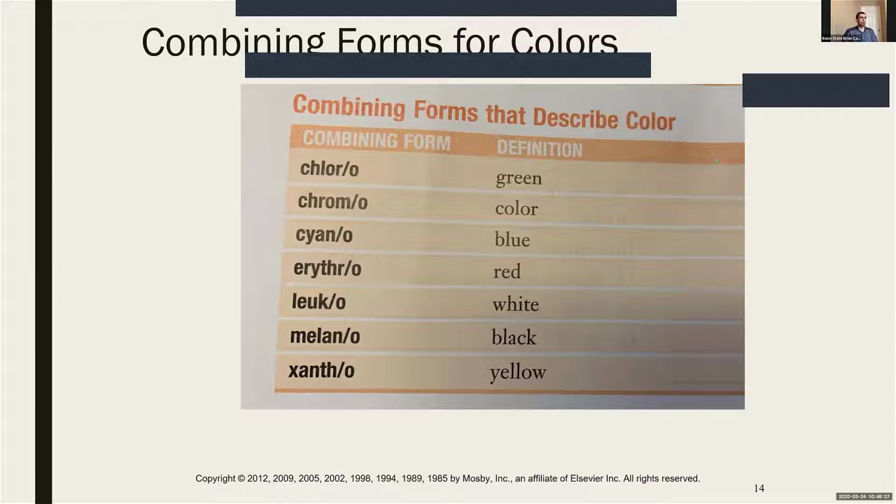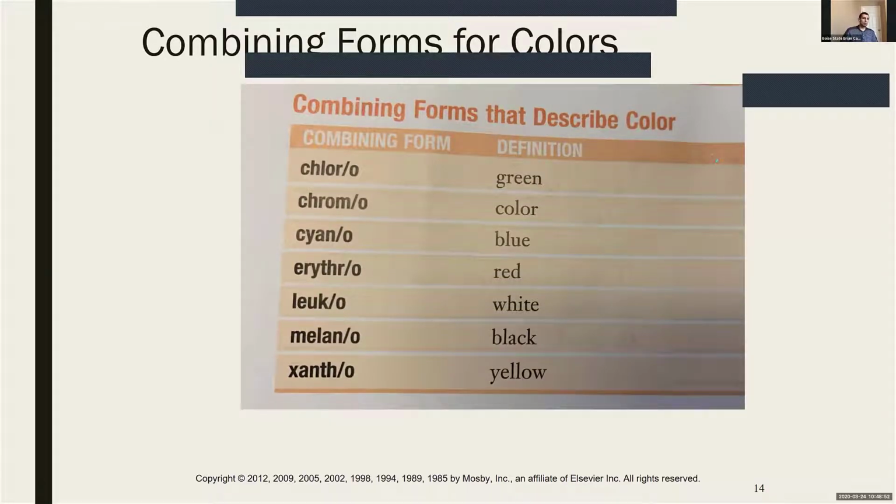So chloro, when we add the combining vowel to it to make the combining form, green. Chrome just means color. So interesting, like a lot of people have Chromebooks or Google Chrome, the internet browser, and their little logo is that circle with a bunch of the different colors in it. Chrome is just a root for meaning all color.